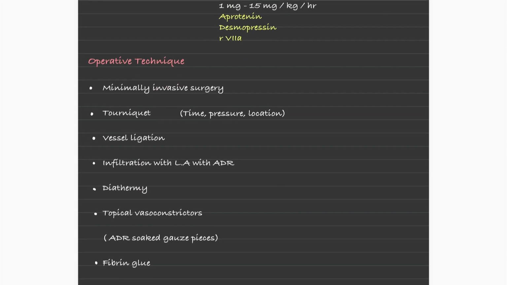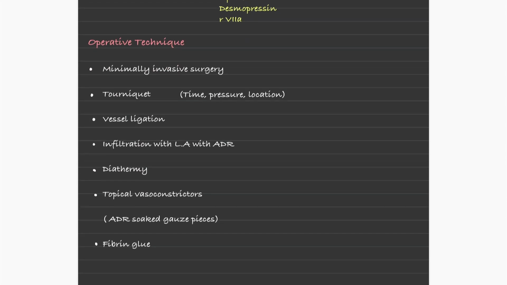Operative techniques, as we have discussed earlier, we will discuss in detail. So we can opt for minimally invasive surgery, such as instead of an open surgery, we can opt for a laparoscopic surgery. We can ask for an experienced surgeon to perform the surgery. If possible, we can use a tourniquet.